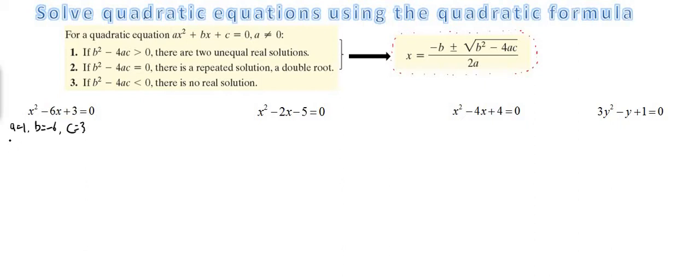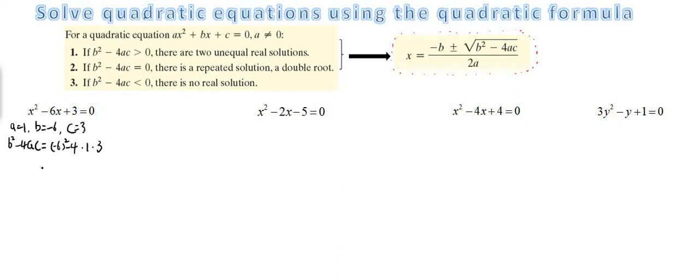So we're gonna check b squared minus 4ac. We plug in: b is negative 6, a is 1, and c is 3.